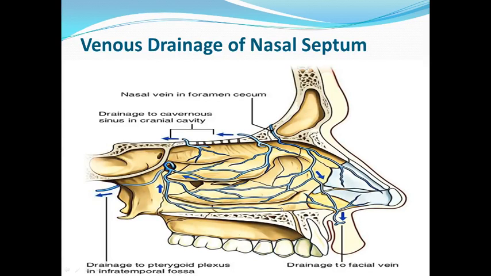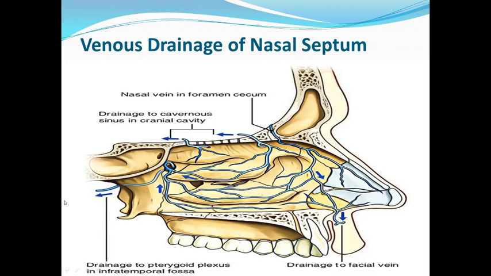So this area is very dense in venous plexus, and the venous blood from this plexus will drain to the facial vein anteriorly. So the anterior part of the nasal septum will drain venous blood into the facial vein anteriorly, and the posterior part of the nasal septum will drain venous blood posteriorly into the pterygoid plexus.